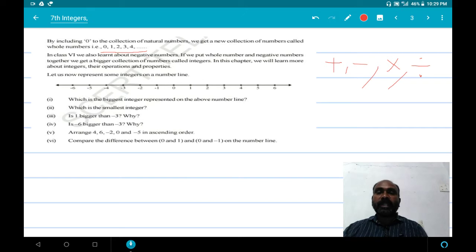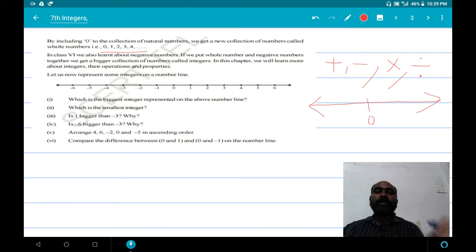Here a number line is there. Actually, for natural numbers or whole numbers, the number line is like this: starting from 0, next 1, 2, 3, 4, 5, 6.